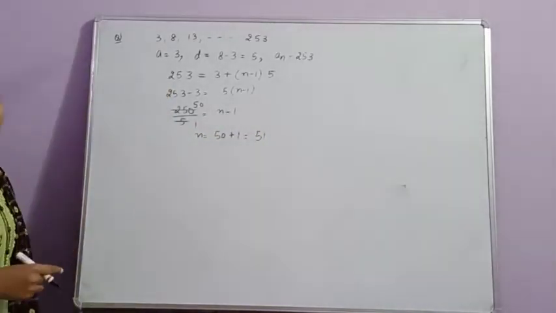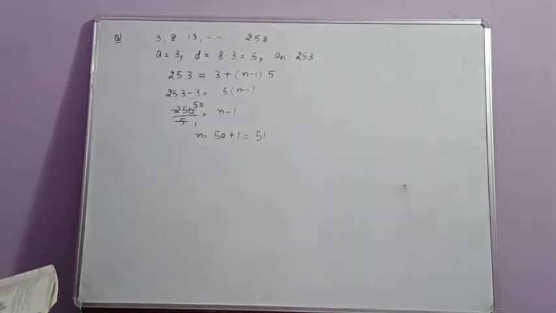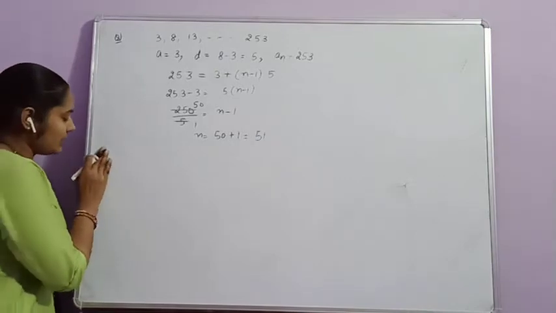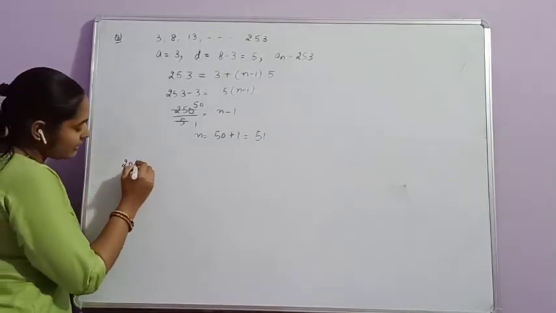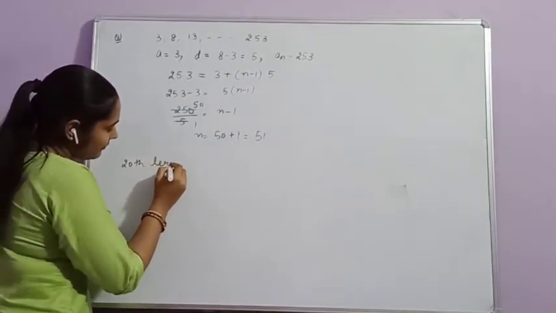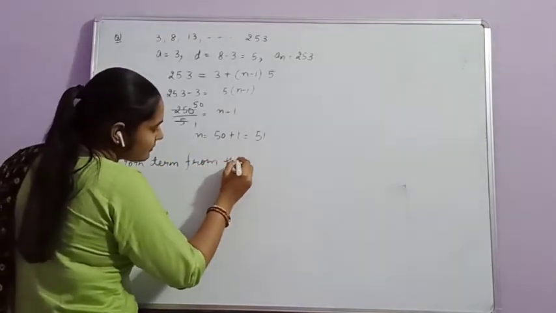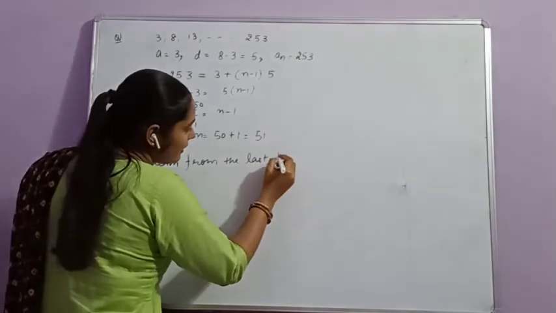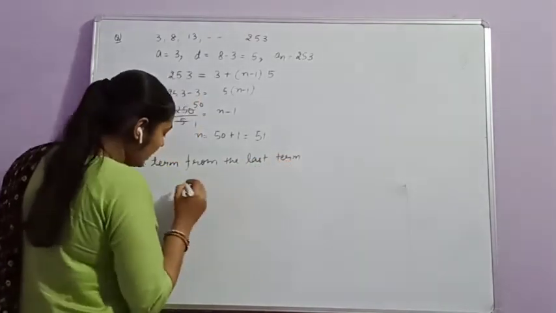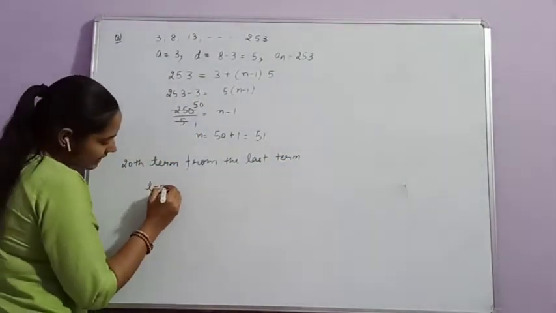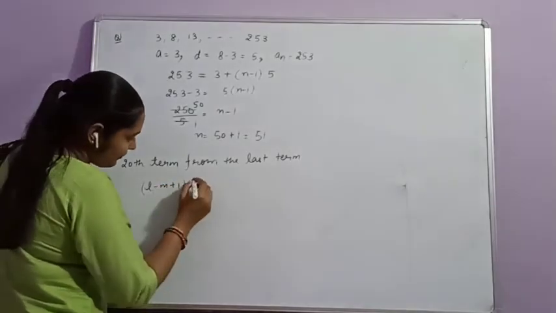It means that AP consists of 51 terms, and we have to find 20th term from the last term. And we know that for it we have formula, that is L minus M plus 1th term.